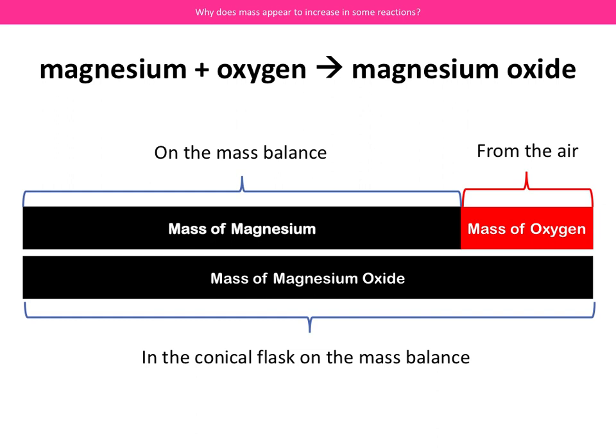However, once the reaction takes place and we make the magnesium oxide, what's being measured by the mass balance is the mass of all the magnesium atoms and all of the oxygen atoms that have joined with those magnesium atoms. So those oxygen atoms weren't being measured initially on the mass balance, but are being measured afterwards. So it appears as though the mass has increased, but actually we still have conservation of mass. It's just really about what we were measuring at what point, at what time.